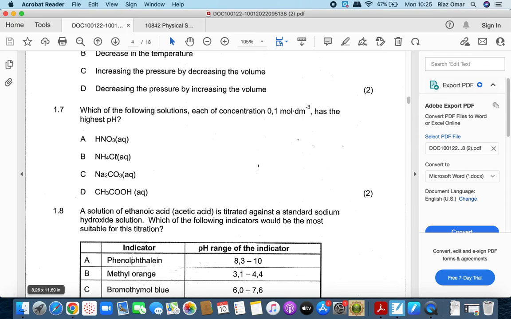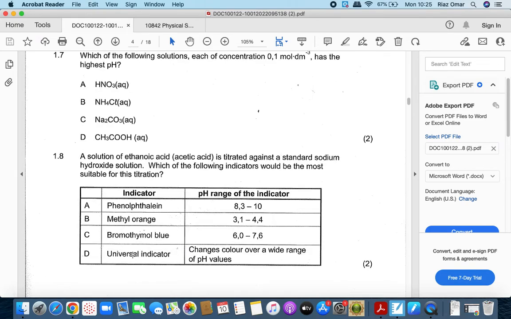Let's go on to 1.8. A solution of ethanoic acid is titrated against a standard sodium hydroxide solution. Which of the following indicators would be the most suitable for this titration? You've got ethanoic acid, which is a weak acid, and sodium hydroxide solution, which is a strong base. A strong base with a weak acid gives a pH that will usually be on the basic side, around 8 to 9.